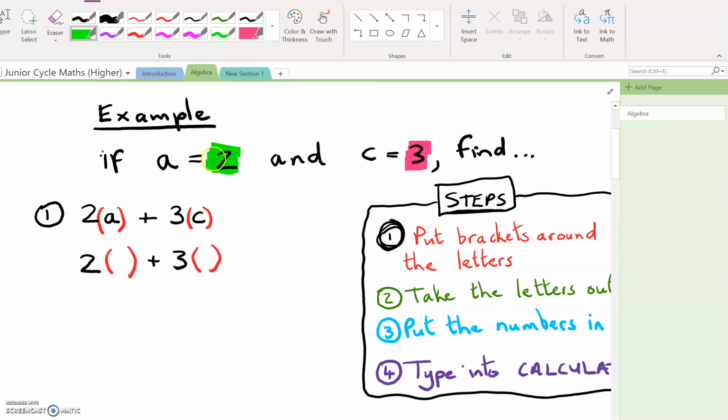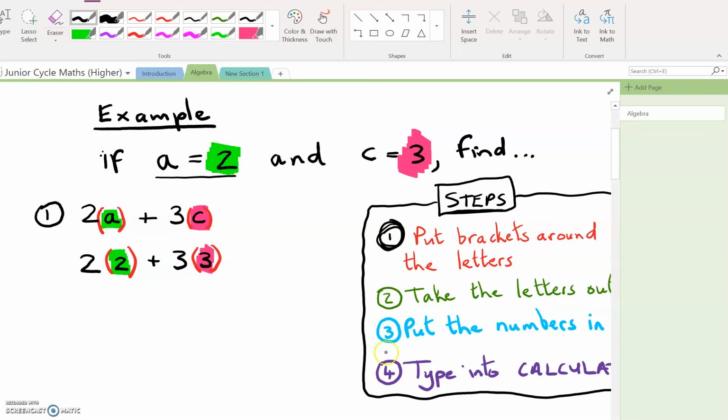A is 2, and A was in this place here, so what's going to go in there now? Well, 2. And C was 3, wasn't it? So what's going to go in here now? You guessed it, 3.